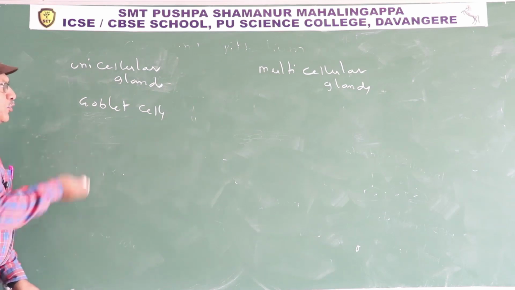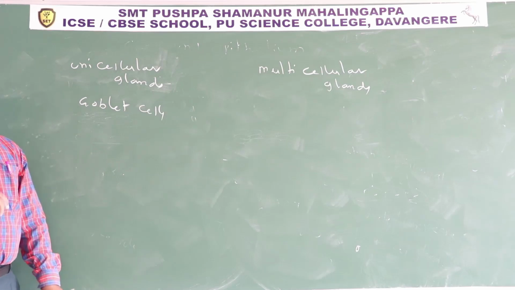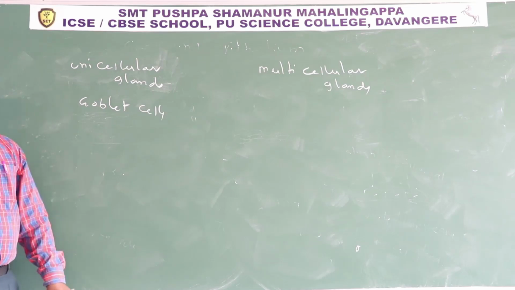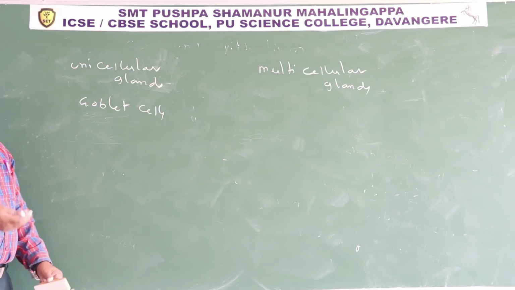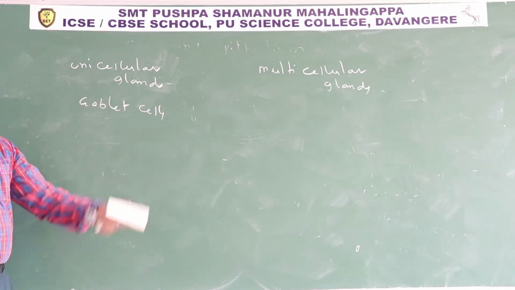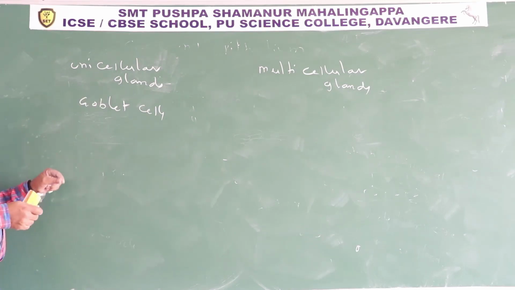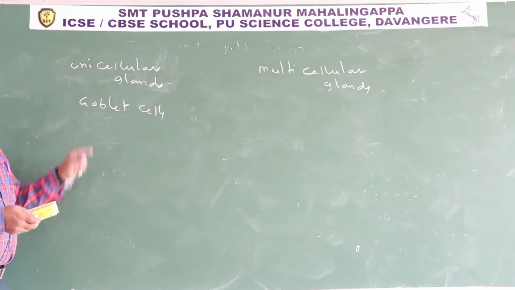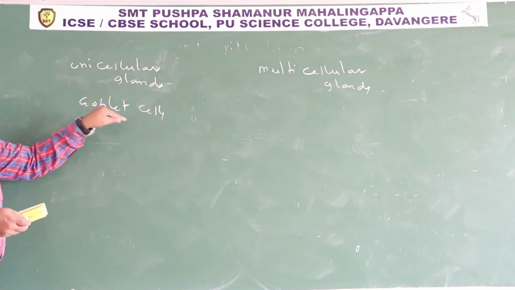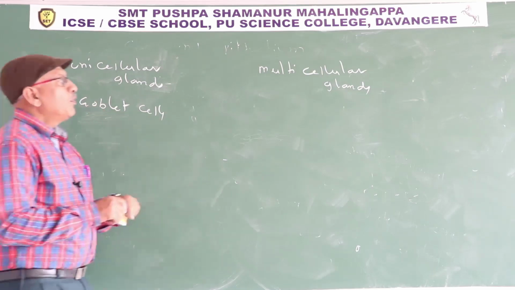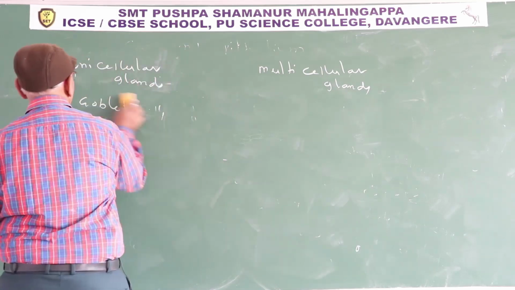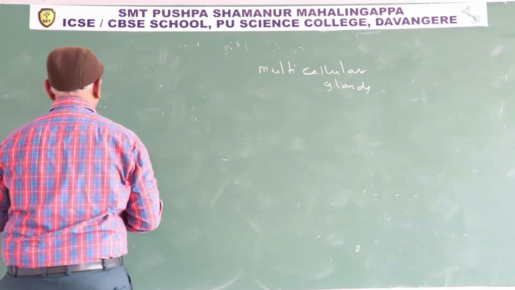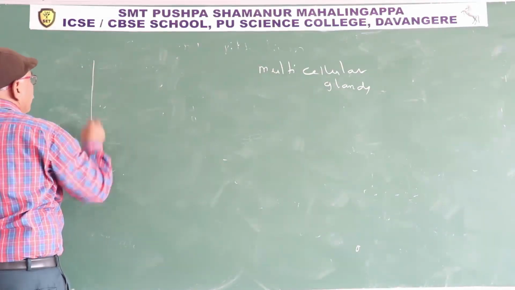In the mucosa, the inner layer of the alimentary canal, numerous columnar cells are present. Between the cells of the inner layer, goblet cells are arranged here and there. The goblet cells secrete mucus.